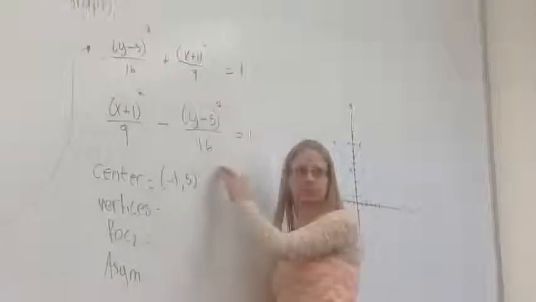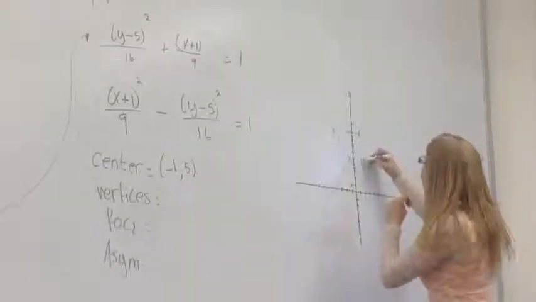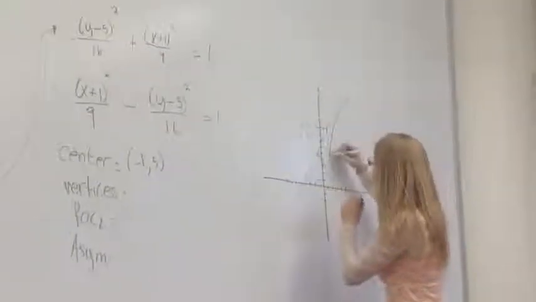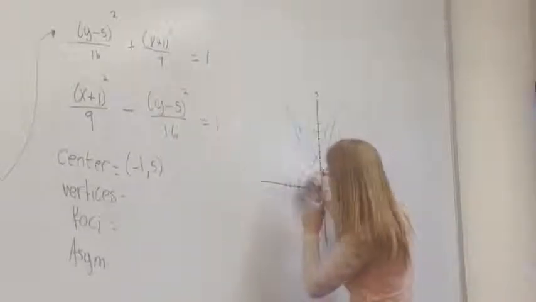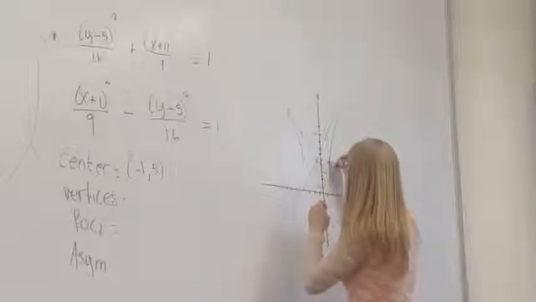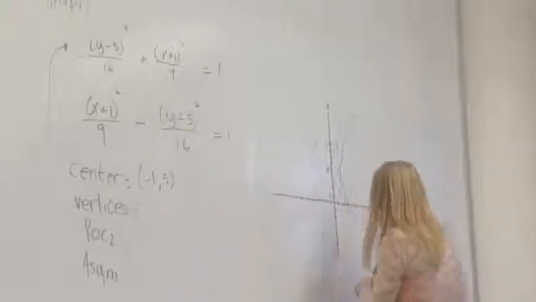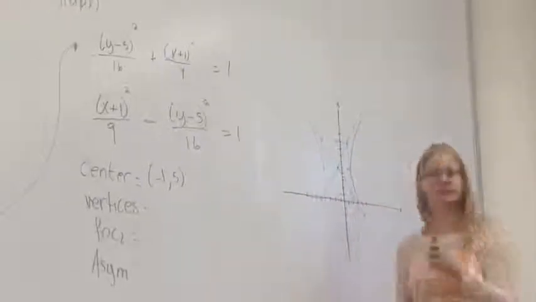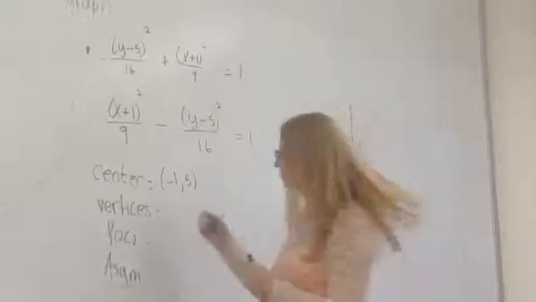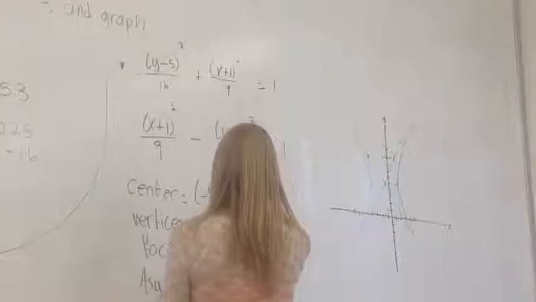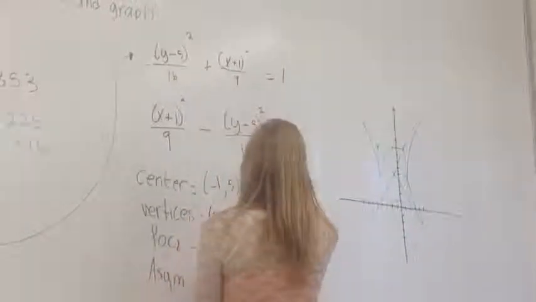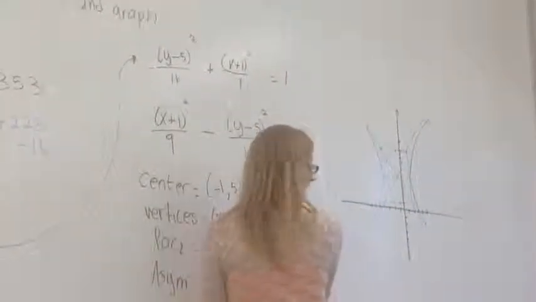Not this one, this one. So, now, do I know my vertices? Yes. So my vertices are what? It looks like I had 2, 5 and -4, 5. Is that right?